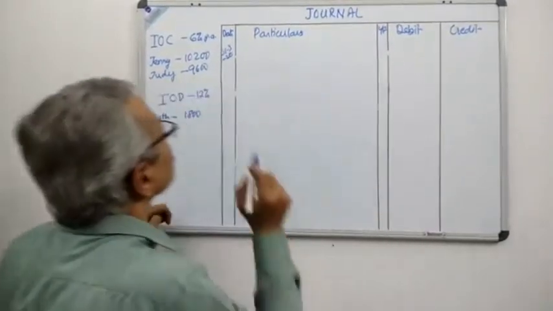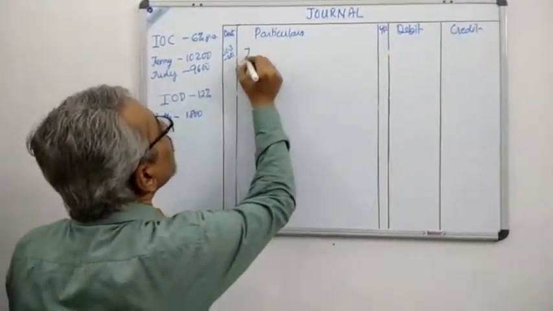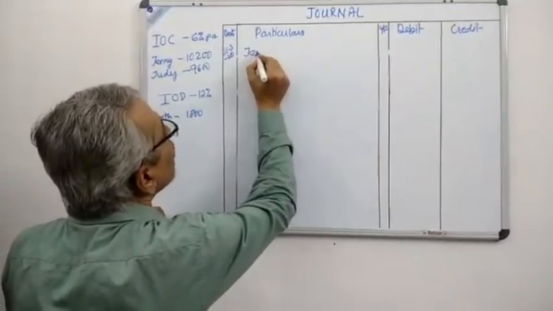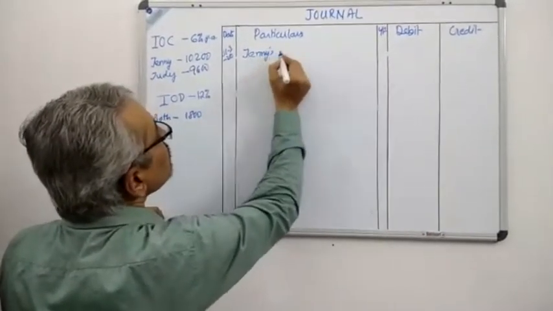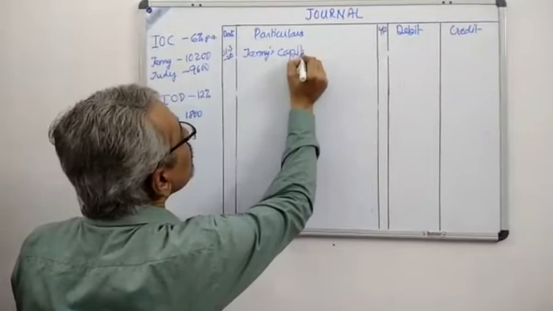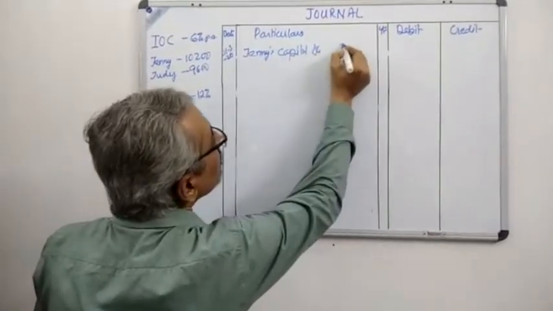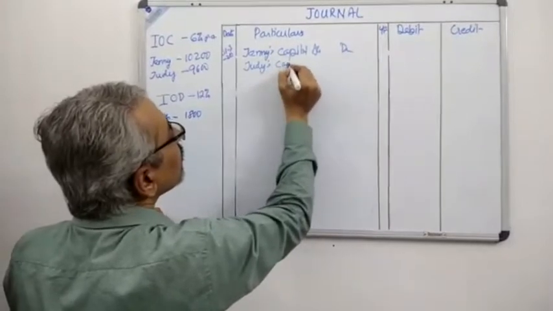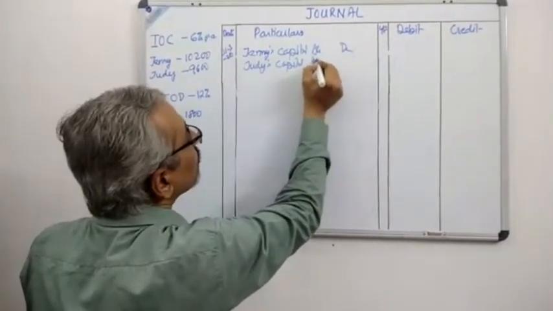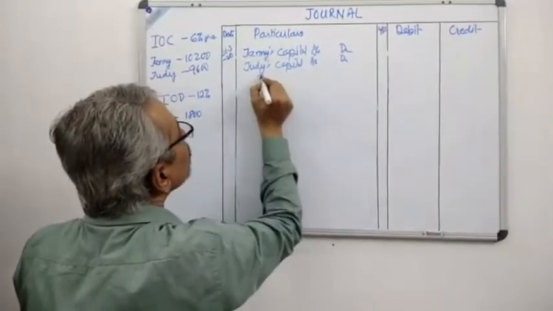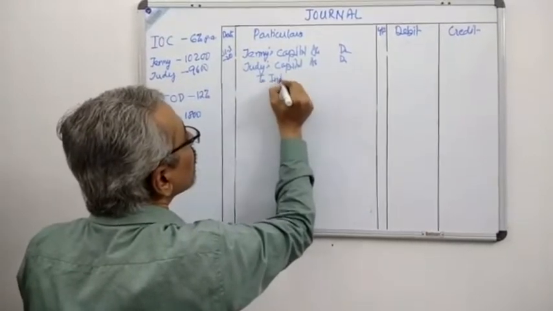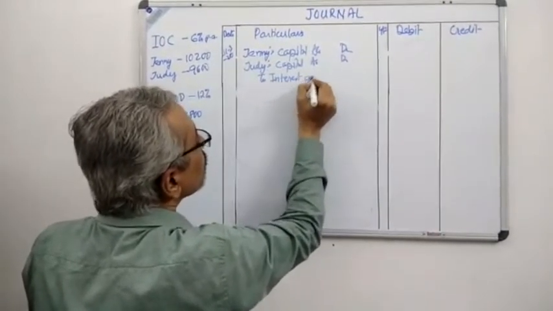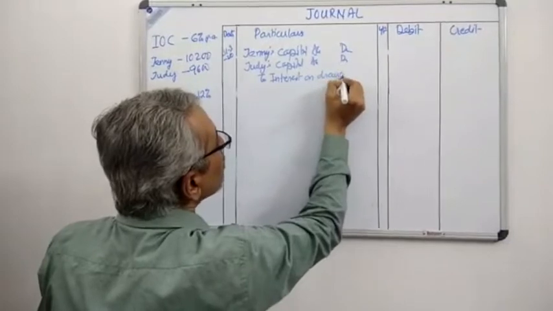So next journal entry, the date remains same, and you know the partner, that is Jenny's capital account debit, Judy's capital account debit, to interest on drawings.